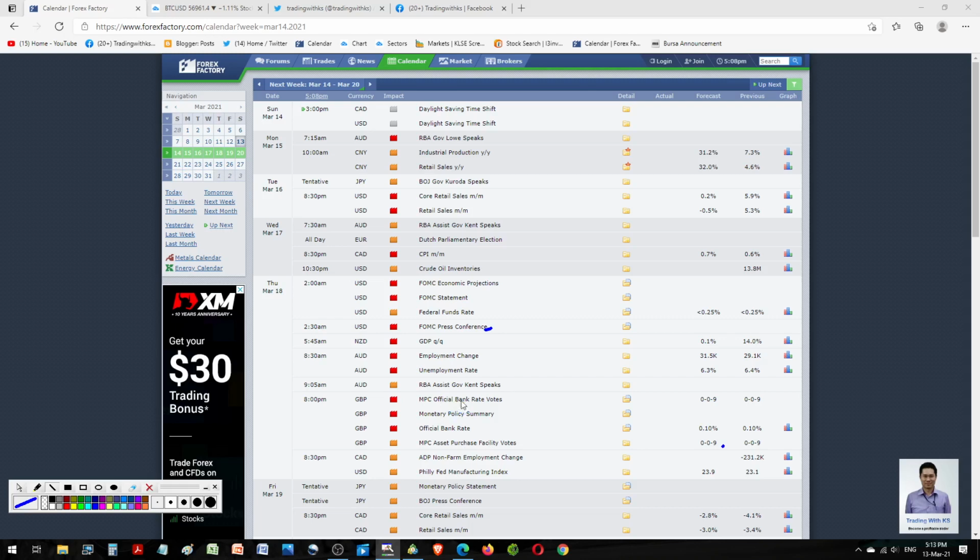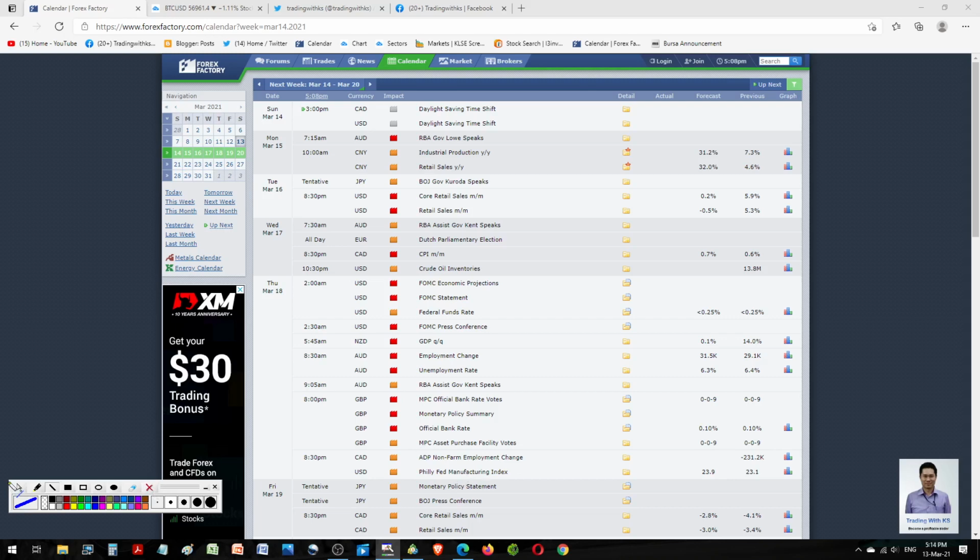There's no conference for GDP for the Great Britain pound after the rate. In the evening on Thursday, they got the CAD non-farm employment change. Philadelphia manufacturing index for USD, they expect an improvement on the manufacturing.